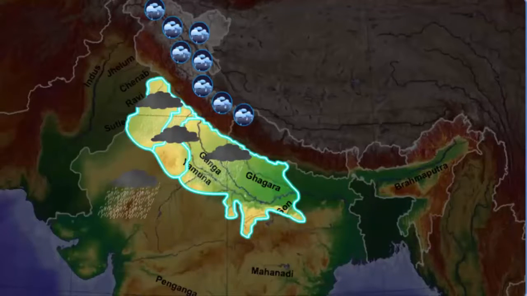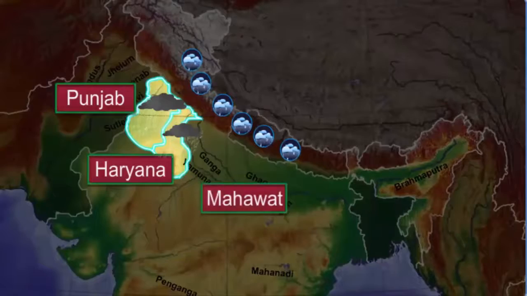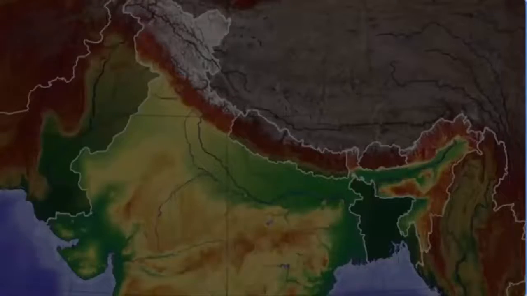The winter rainfall is locally known as Mahawat. Though the total rainfall in winter is low, it is immensely important for the cultivation of the rabi crop.